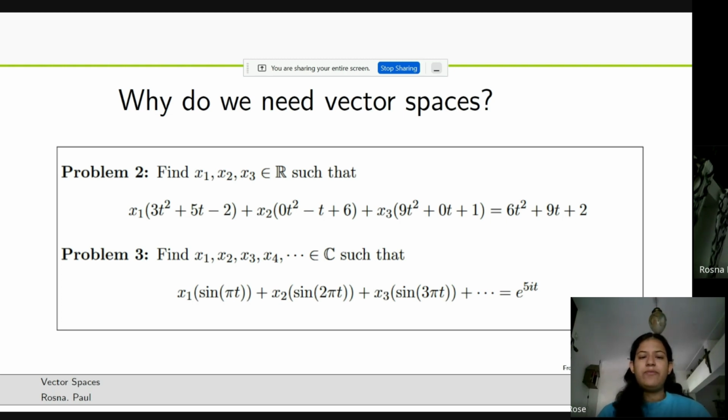So when we want to solve these problems, what we need is that we would like to add these coefficients or multiply this coefficient with something and so on. If we know that all these coefficients behave in a similar way, then we can generate a unique method to solve all these types of problems.